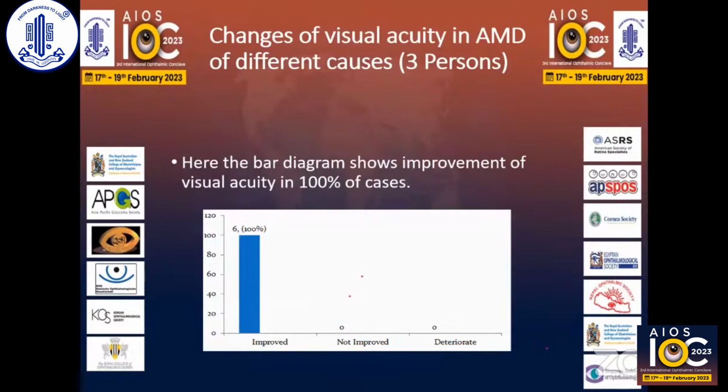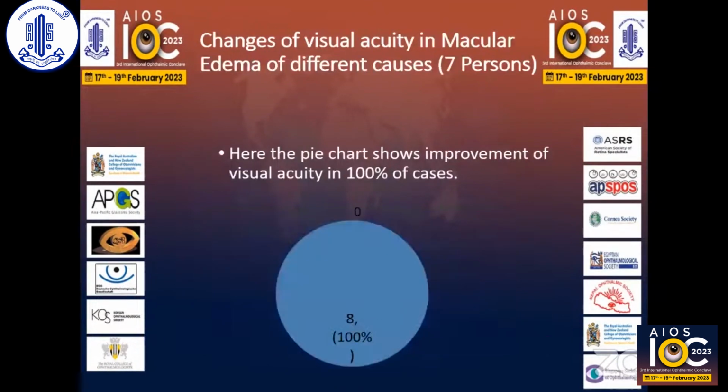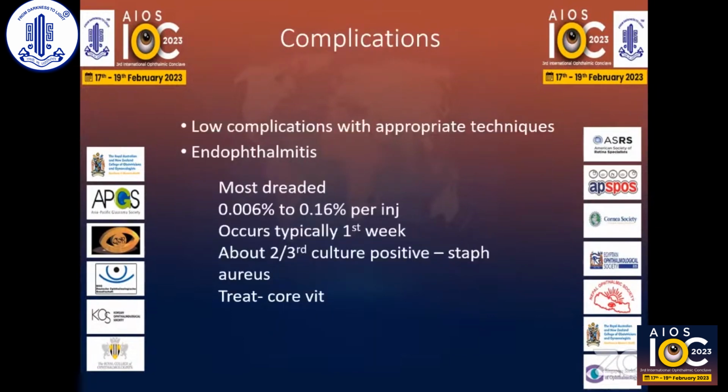Changes in visual acuity in age-related macular degeneration of 3 persons, 6 eyes: all of them improved their visual acuity. Changes in visual acuity in macular edema of different cases, 7 persons, 8 eyes: all have improved their visual acuity. So there are low complications with appropriate technique.